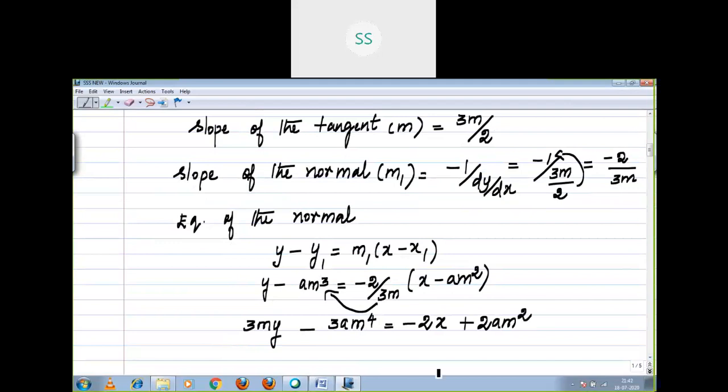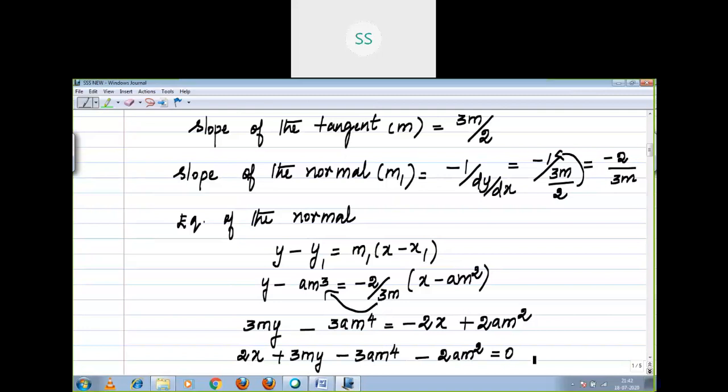Now you are going to shift all the terms to the left side. What it gives you: 2x + 3my − 3am⁴ − 2am² = 0.